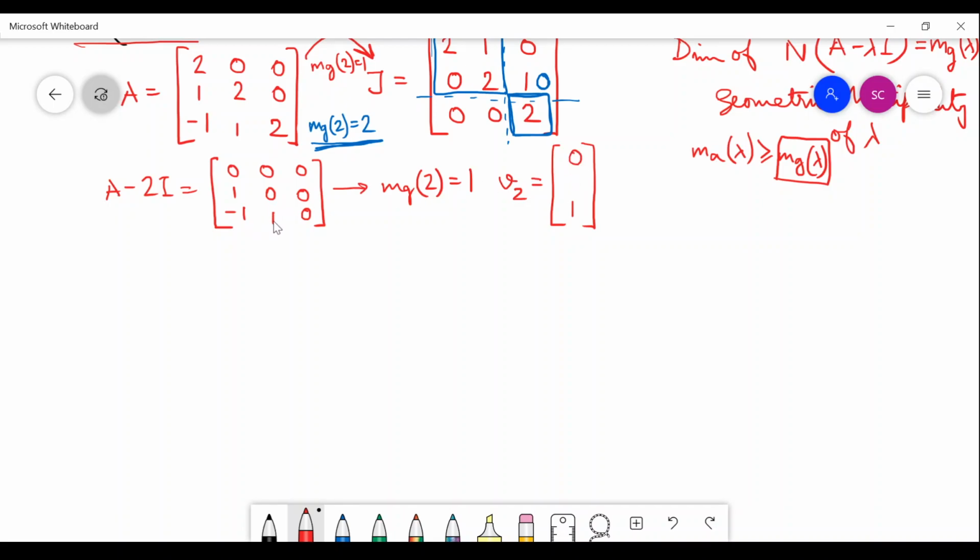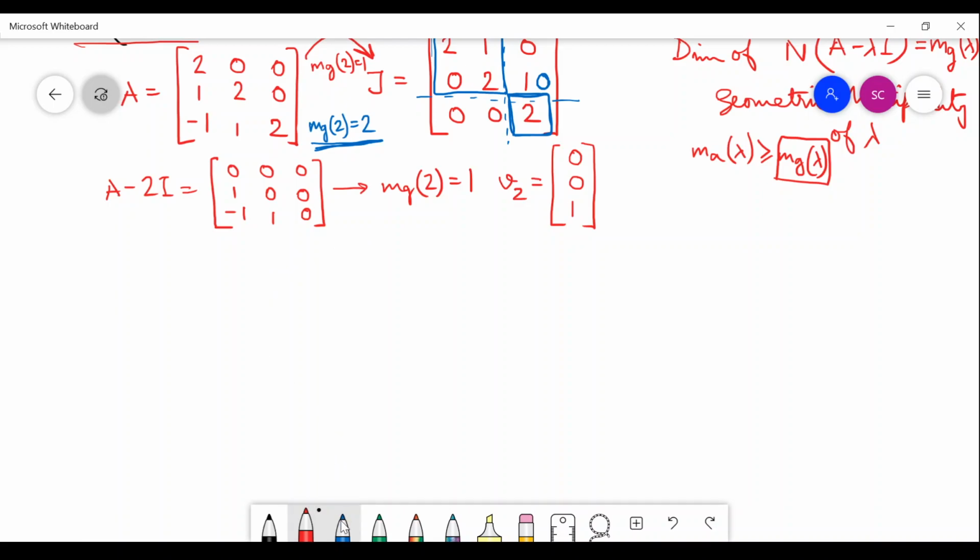Once x1 becomes 0, x2 also becomes 0, because otherwise there would be a contribution here of x2. So this would be your eigenvector for the eigenvalue 2. You can very easily deduce it from looking at this matrix itself.